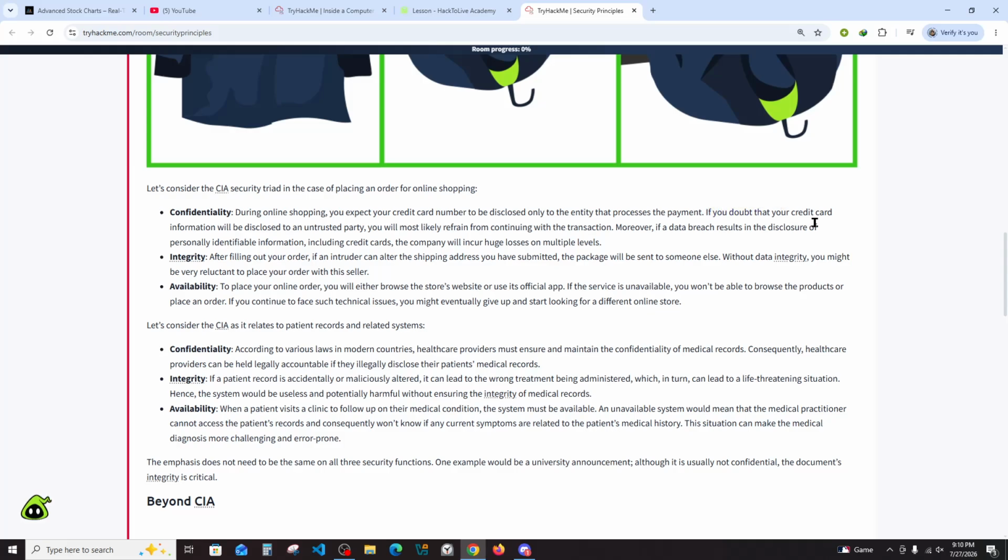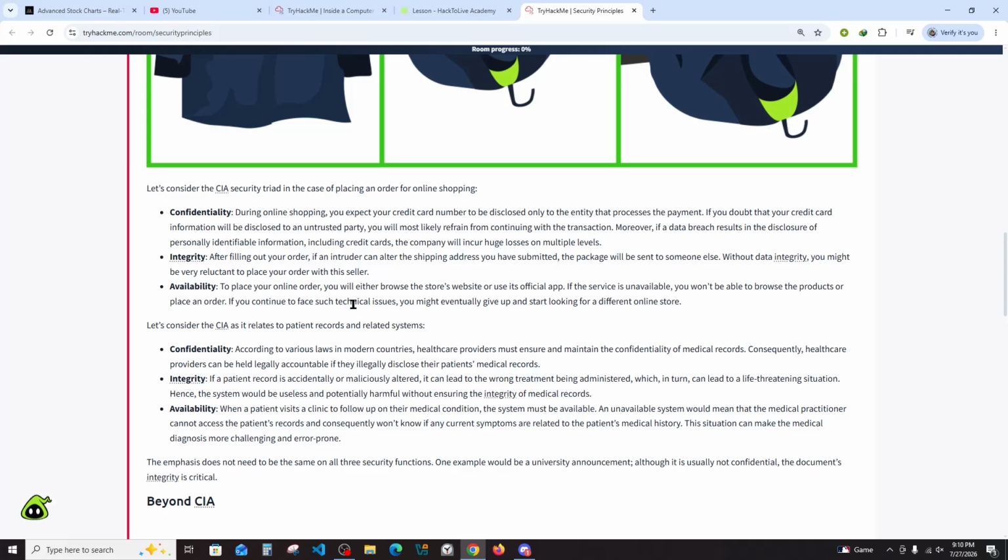If you doubt that your credit card information would be disclosed to an untrusted party, you will most likely refrain from continuing with the transaction. Moreover, if a data breach results in a disclosure of personally identifiable information, including credit cards, the company will incur huge losses on multiple levels.